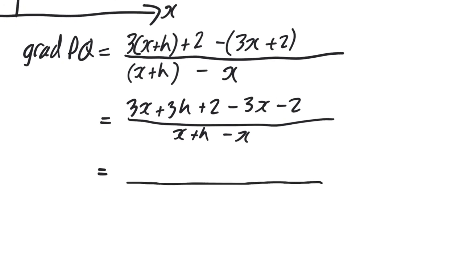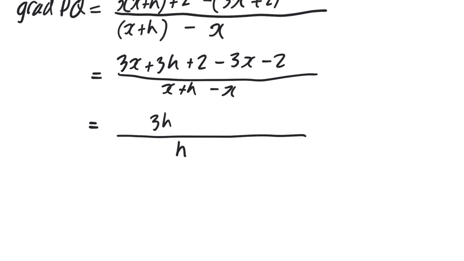Top line, you've got 3x minus 3x, they cancel, then you've got 3h, and then you've got 2 minus 2, which is 0, and the bottom line, you've just got h. Now if you look at this, what happens? The h's cancel and it gives you 3.